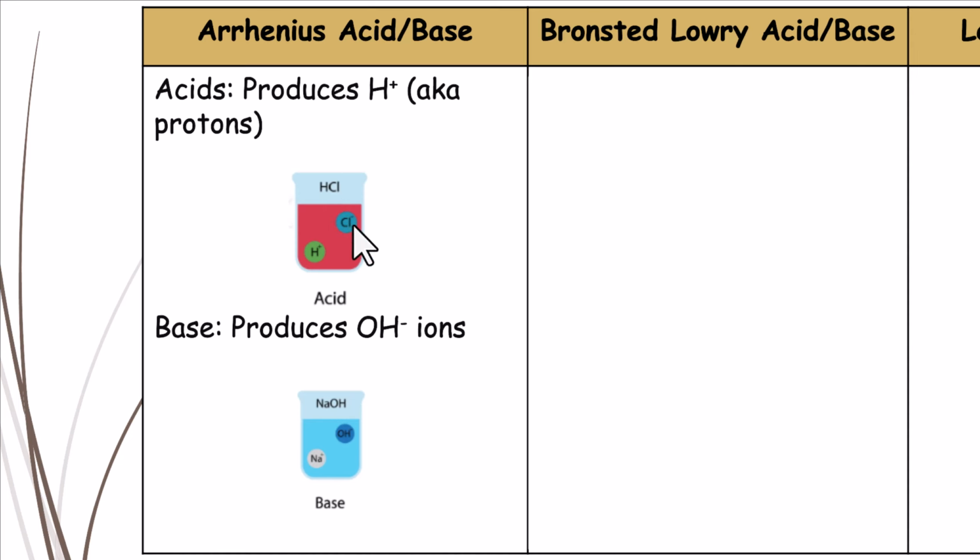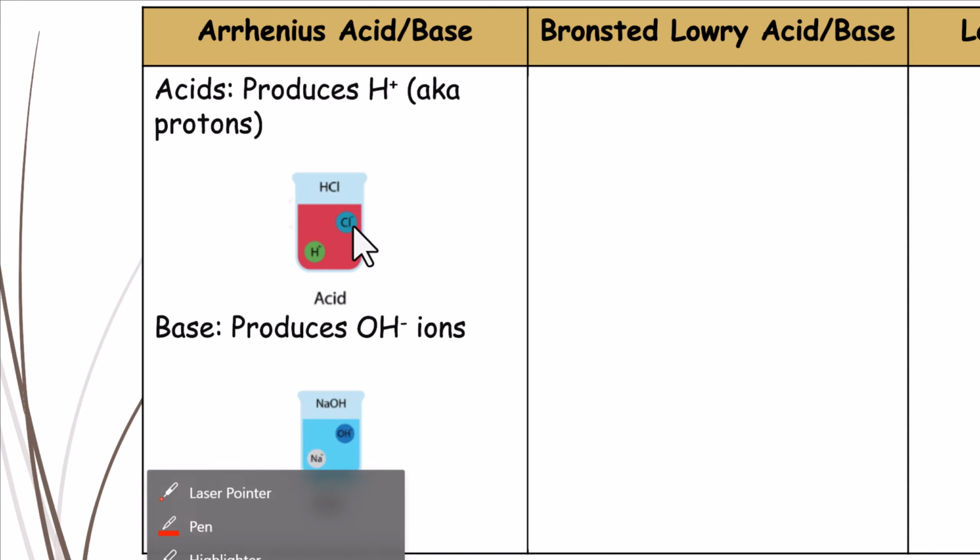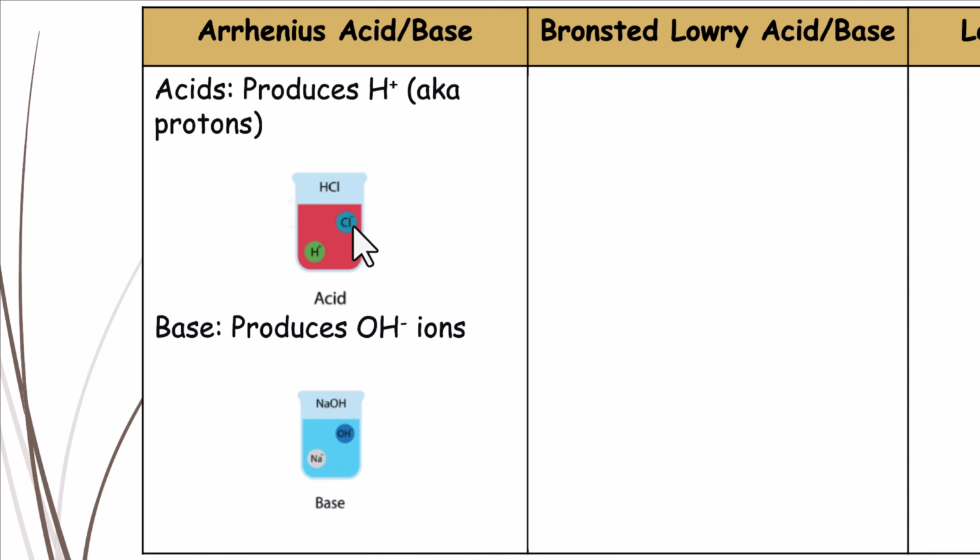Also, you might have noticed in many chemistry classes that it forms H3O+, and that's the hydronium ion. This is only because the H+ reacted with the water to form the hydronium ion. So we say that it forms H+, it's the same as H3O+. Also, we say that it's known as protons.